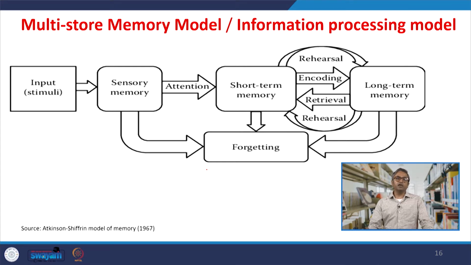And this forgetting happens at each and every stage of memory. Because there are 3 stages of memory involved, we call it the multi-store model. At each level, there is a storage happening, and these storages are distinct from each other based on capacity and duration of memory.